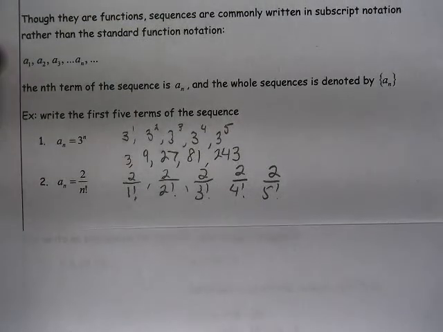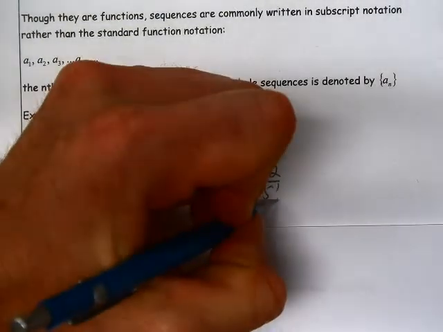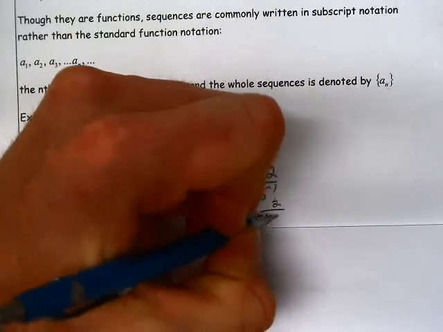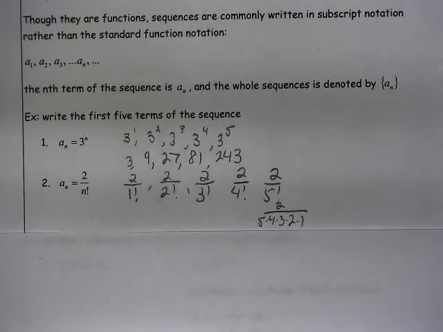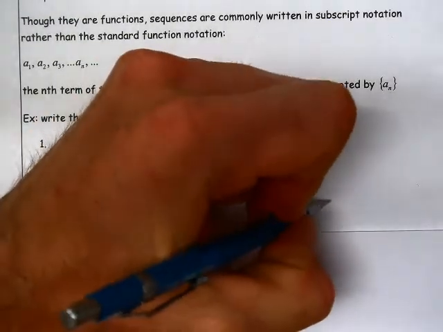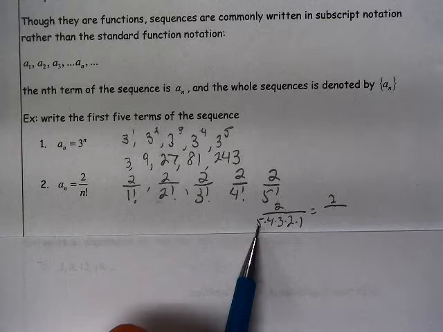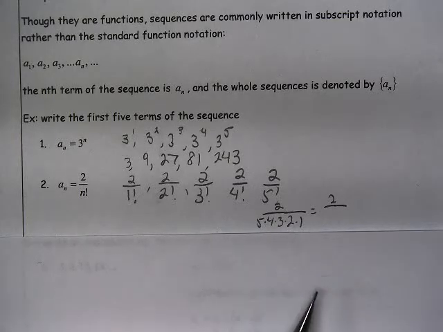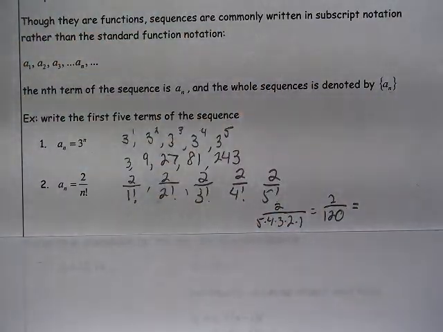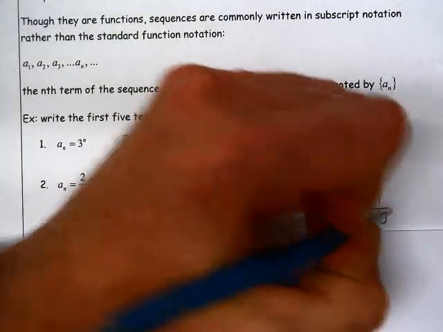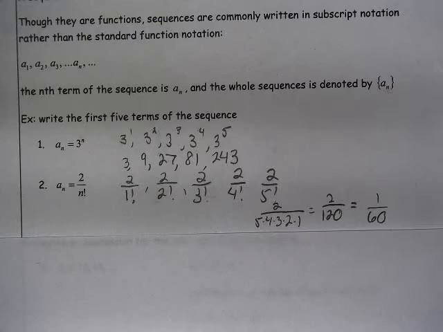Remember that factorial, so this last term really would be 2 over 5 times 4 times 3 times 2 times 1. So that's really 2 over 120. So that last term, a sub 5, would be 1 over 60.